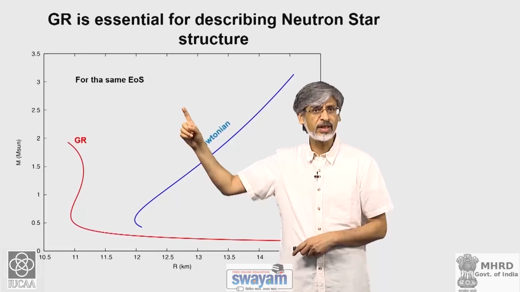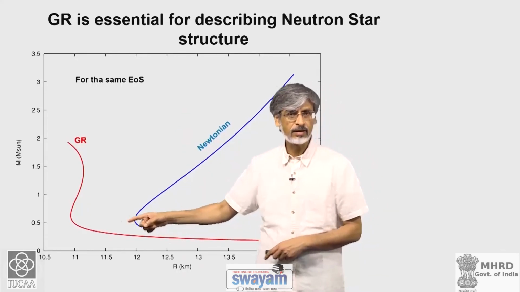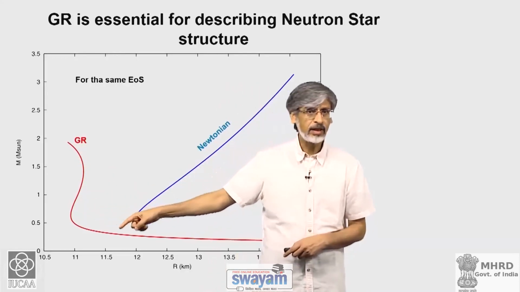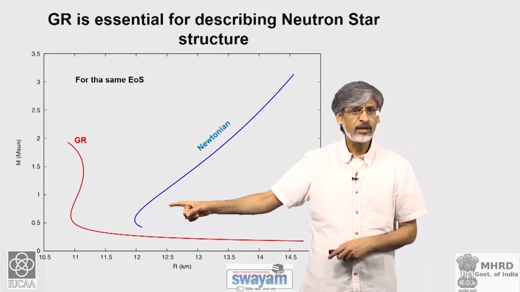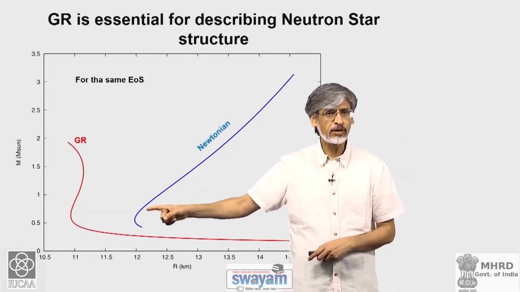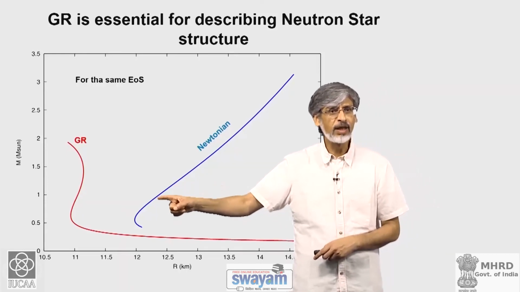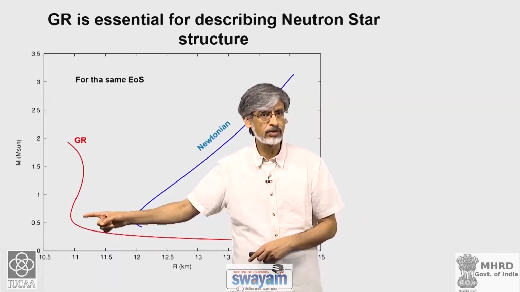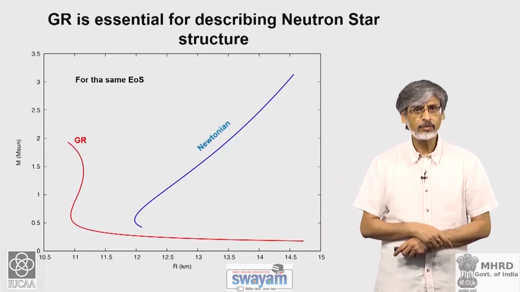For a given equation of state, you take GR into account, and this red line shows the mass radius relation you would get taking GR into account using the TOV equation. Instead, if you had used just the Newtonian approximation to the hydrostatic equilibrium equation, you will get this blue line. So, this is completely different from what the TOV equation tells you. Therefore, the TOV equation is the right thing to use for describing neutron star structure.